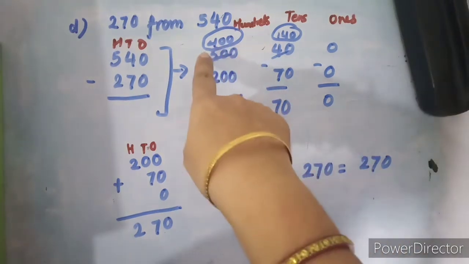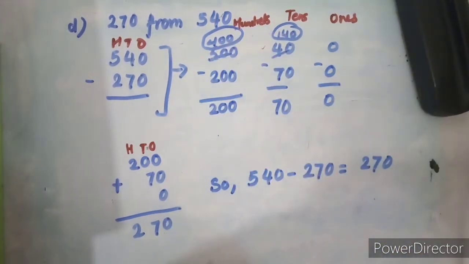Then as you have borrowed 100 from the hundreds position, that is why here 500 becomes 400. So 400 minus 200 gives you 200.